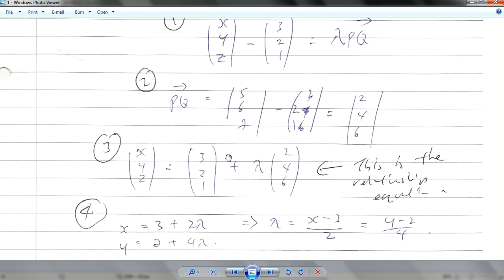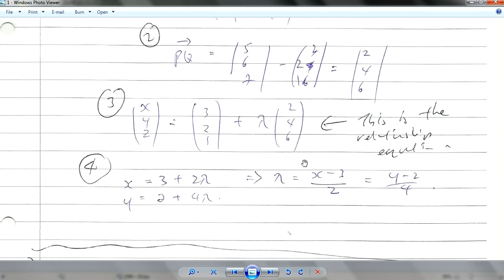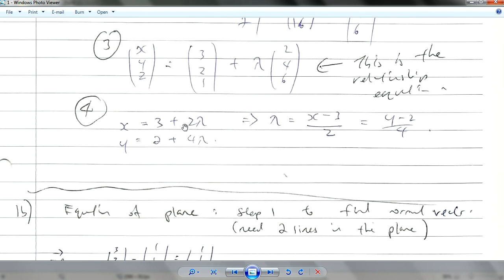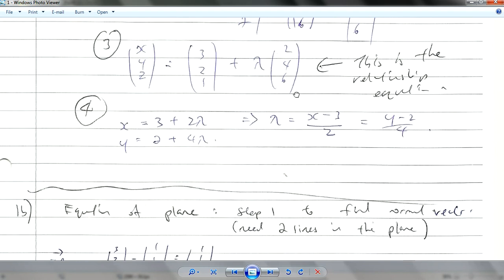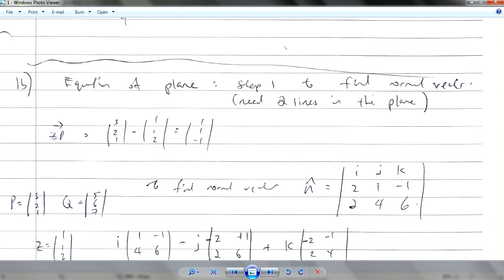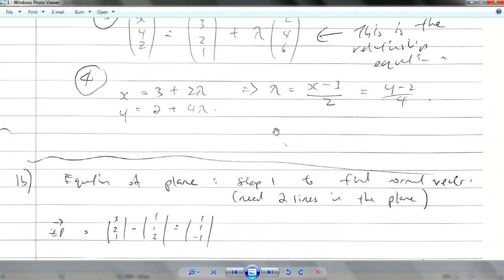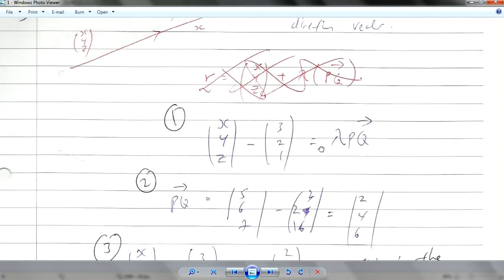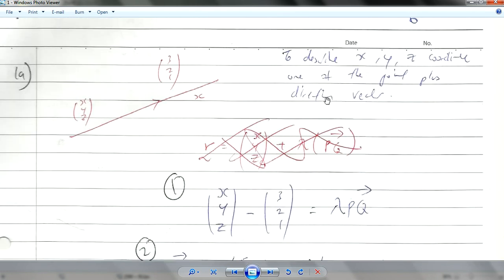You just bring 3 to 1 over, you get this, and then you just do whatever. So x equals 3 plus 2 lambda, y equals 2 plus 4 lambda, and you can set up your equations. This is the first thing. And then the second, maybe I'll just stop here because this will give you the general concept. So yeah.